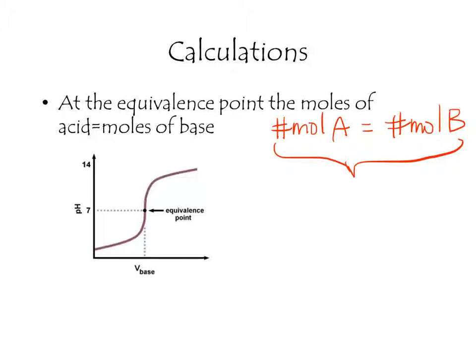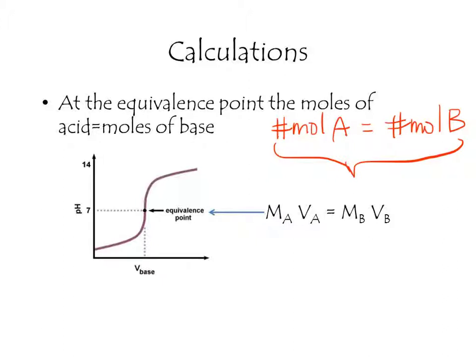And so the equation that we use to calculate the concentration of our acid is similar to the dilutions equation, and that is MAVA is equal to MBVB. So the concentration of your acid times the volume of your acid is equal to the concentration of your base times the volume of your base.